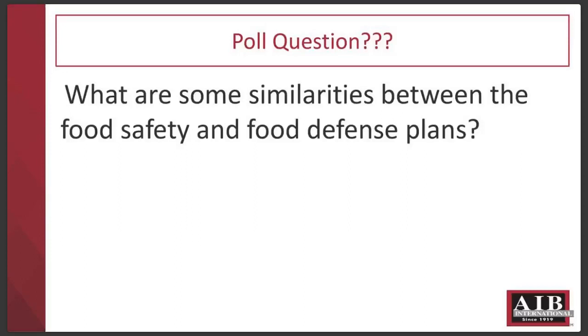What do you think some of the similarities between the food safety and food defense plans might be? A little test of knowledge to make sure you're awake. So do type in. If anybody is having a problem, remember, look at the checklist and follow the best practice in there, and you shouldn't have any problems.